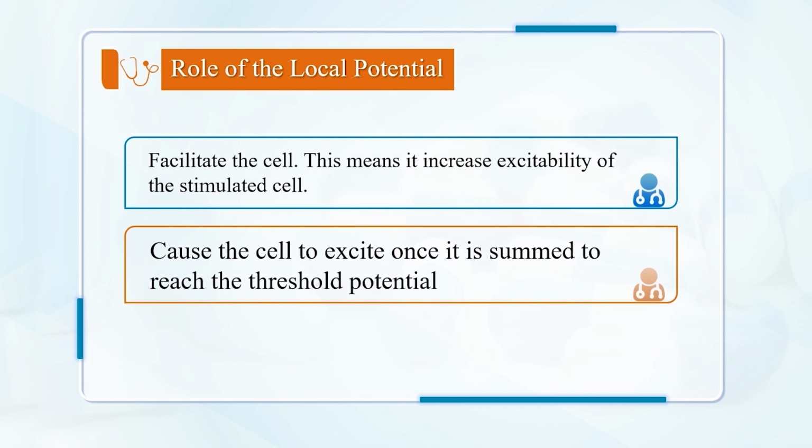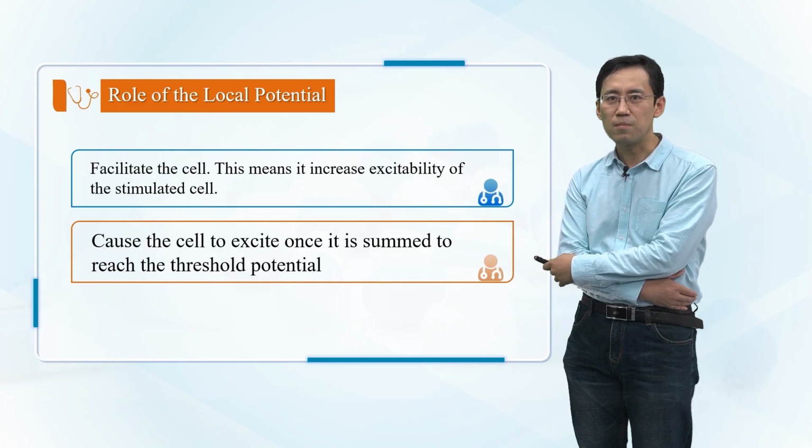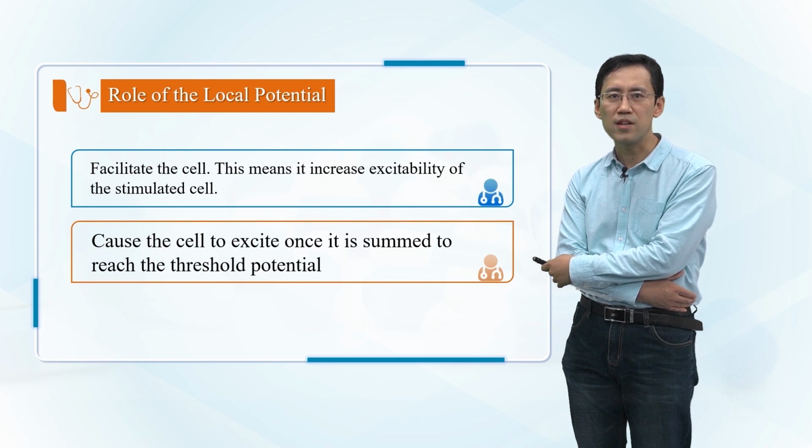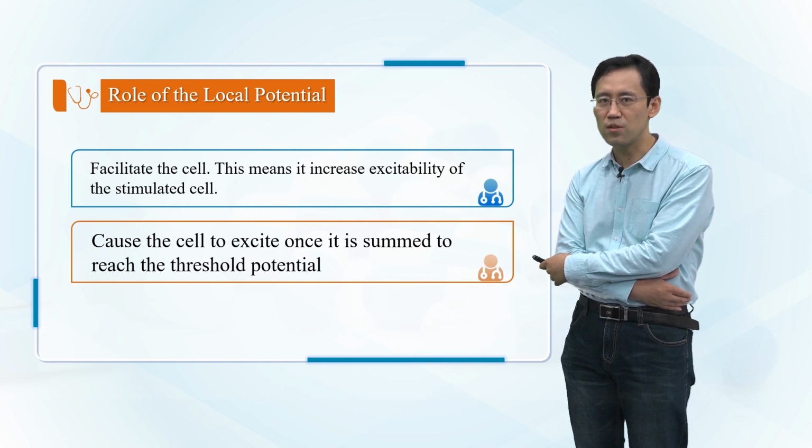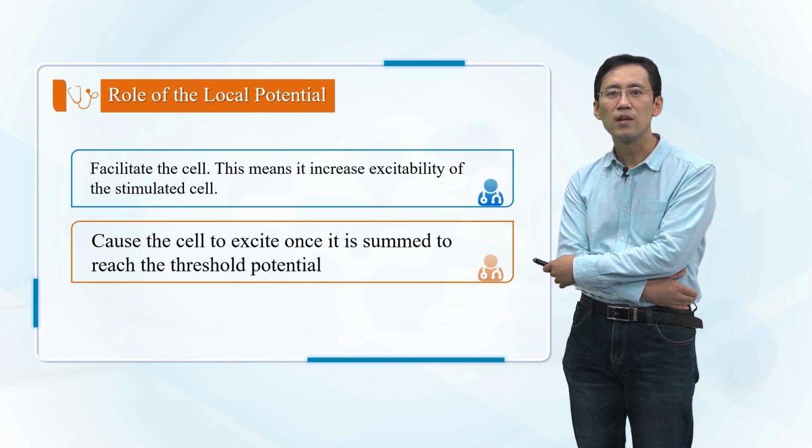The role of the local potential is to facilitate the cells. This means it increases the excitability of the stimulated cell. It can cause the cell to excite once it is summed to reach the threshold potential.